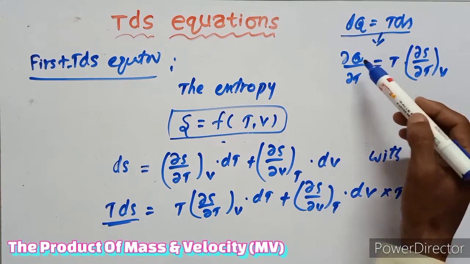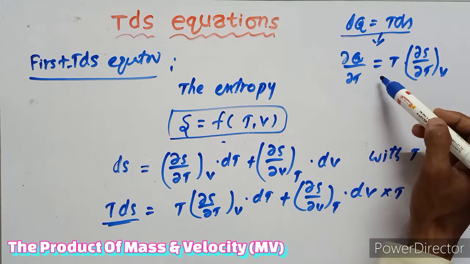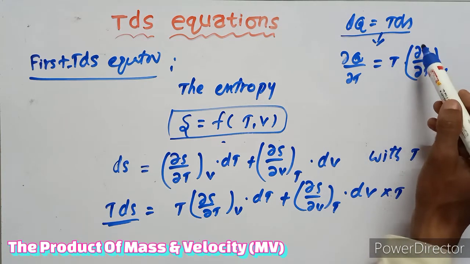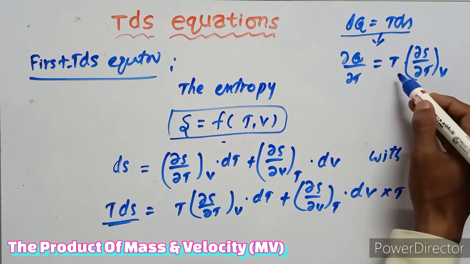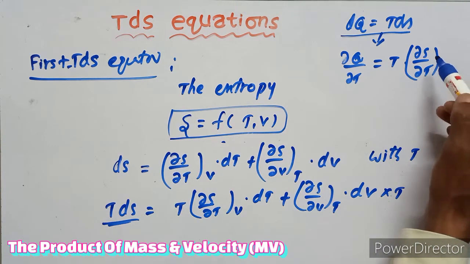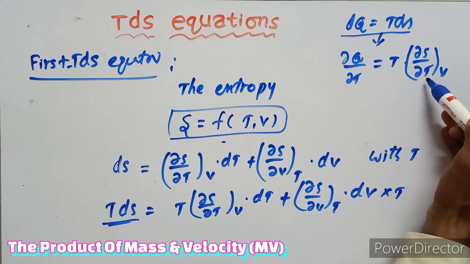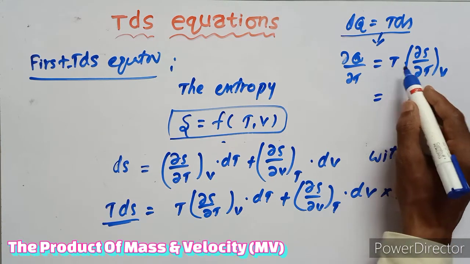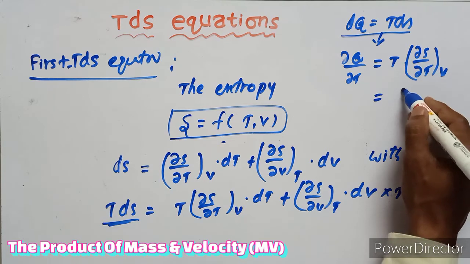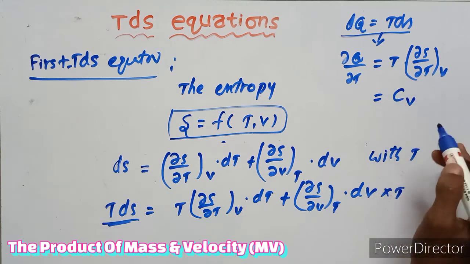Then this equation can be written as dou q upon dou t equals T into dou s upon dou t at v. So T, the temperature, into change in entropy is called specific heat at volume.